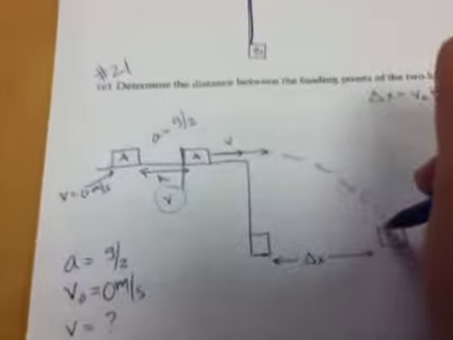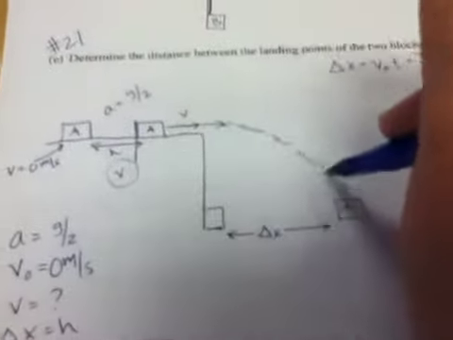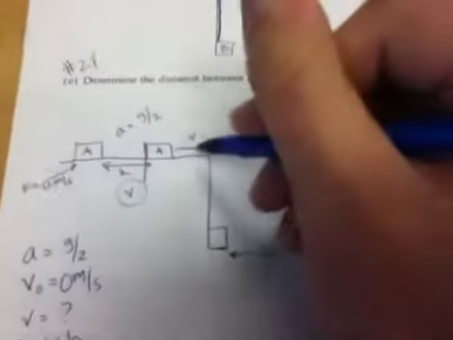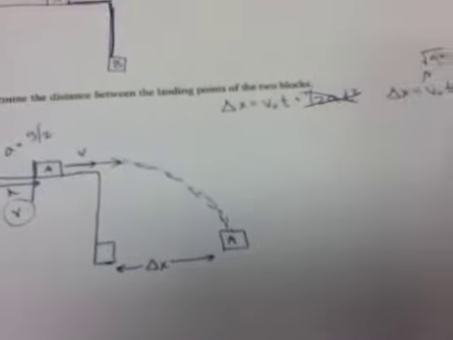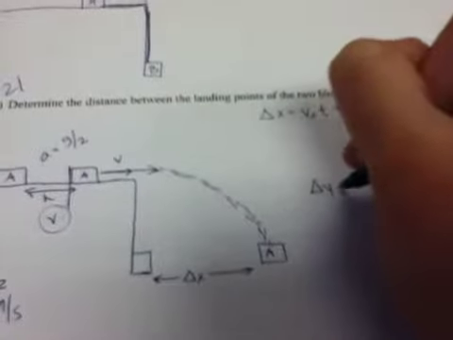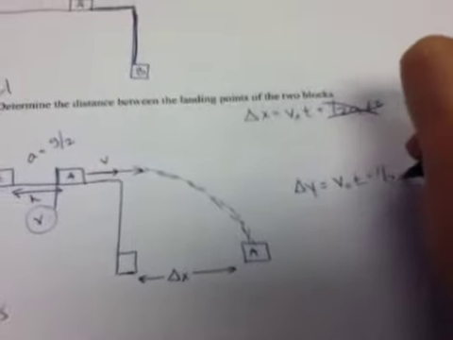Now we need to figure out what is the time that it takes for this block to get right here. Whenever we see a problem like this, we're always going to look in the y direction to figure out time. So change in y equals v naught t plus 1/2 at squared.